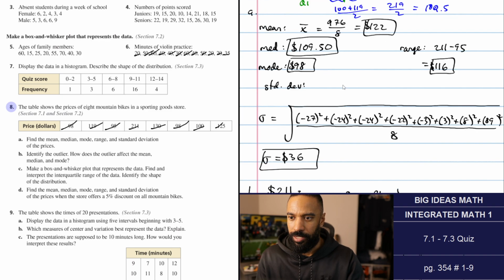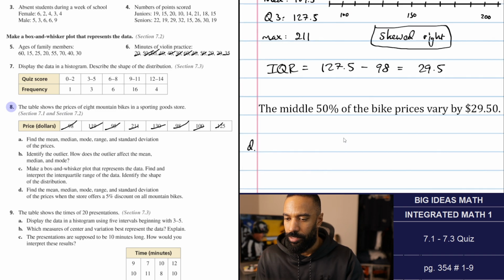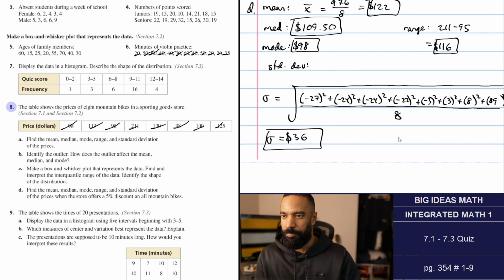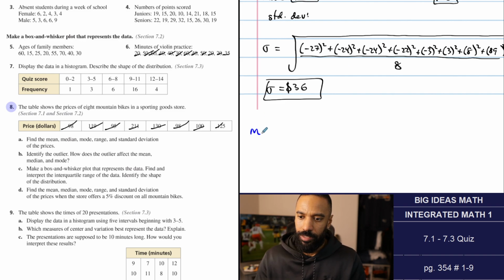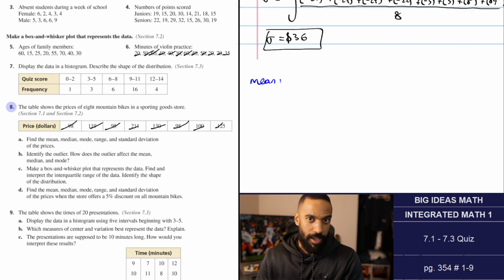That didn't copy anything down. Make sure I have them copied for my visibility. All right, the new mean. All of these values we're doing, a 5% discount means 95% of.